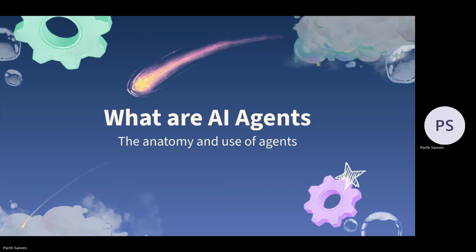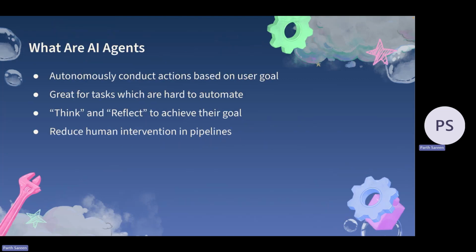Cool. So what are AI agents? The way I think about AI agents is that they are something that can almost think in a way, and then they can conduct actions autonomously. So they're really good for things which you can't automate through pure code.